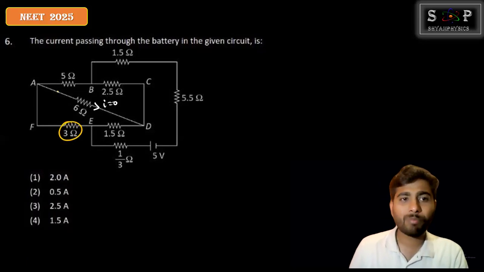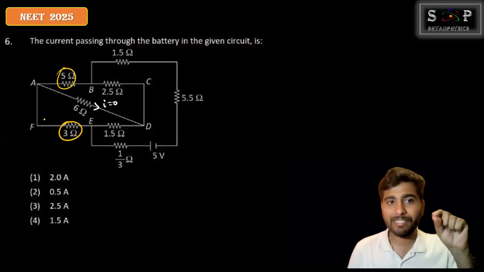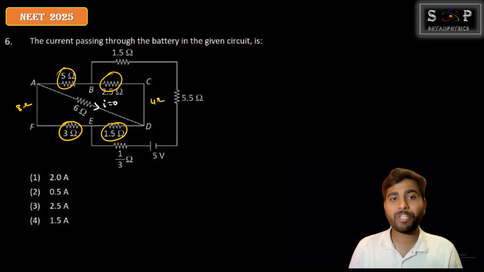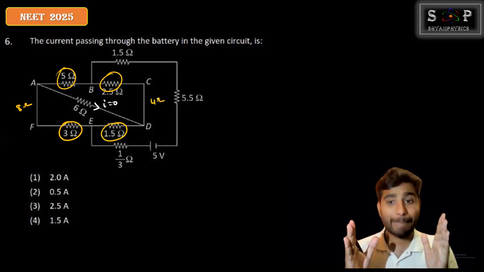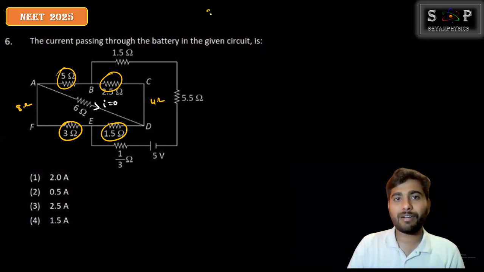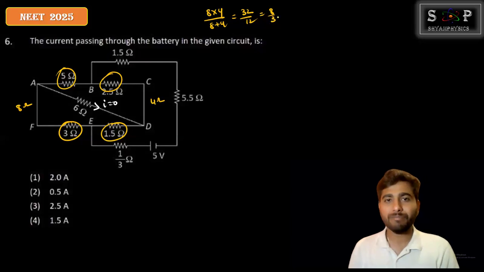So I need to calculate the equivalent resistance of these. Here 3 ohm and 5 ohm are connected in series, the answer is 8 ohm. And 2.5 ohm and 1.5 ohm are connected in series, the answer is 4 ohm. 4 ohm and 8 ohm are connected in parallel, so adding these two we get 8 into 4 divided by 8 plus 4, which is 32 by 12, nothing but 8 by 3.